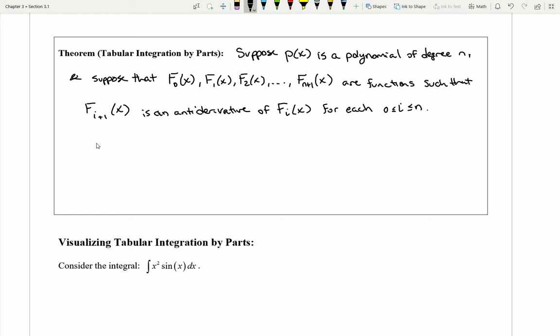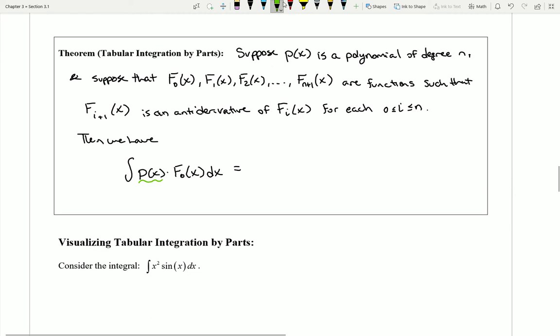So if I have all of this set up, then I can say the following. I'll say that then we have that if I was interested in doing the antiderivative of p of x times f0 of x dx, there's a way to do this. Now you might recognize that this would be pretty easy to do with integration by parts, at least at the onset, because I have something easy to take a derivative of in p of x.